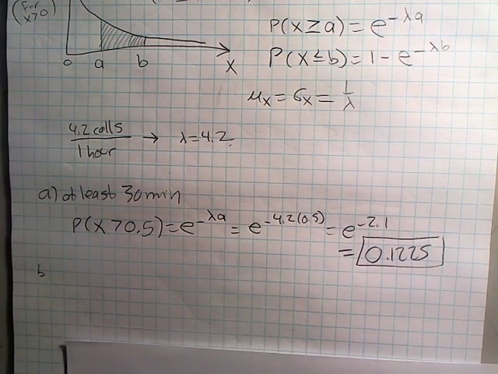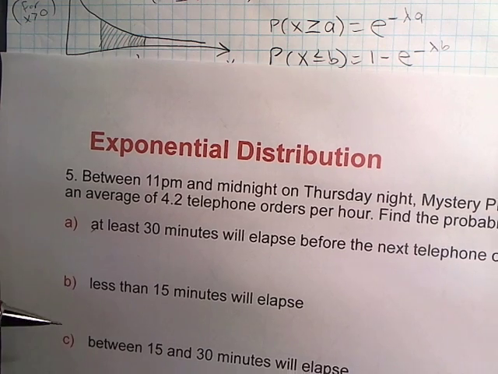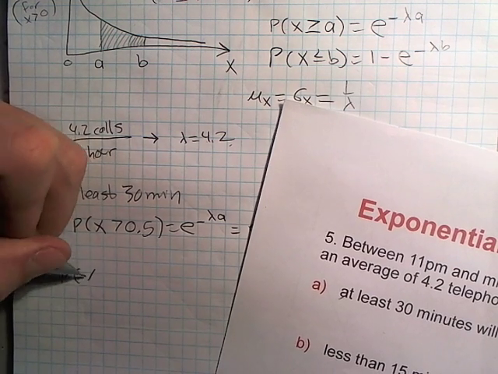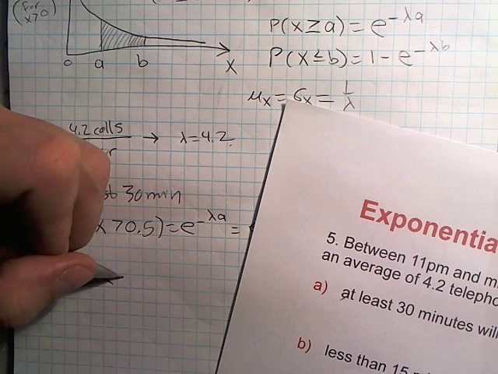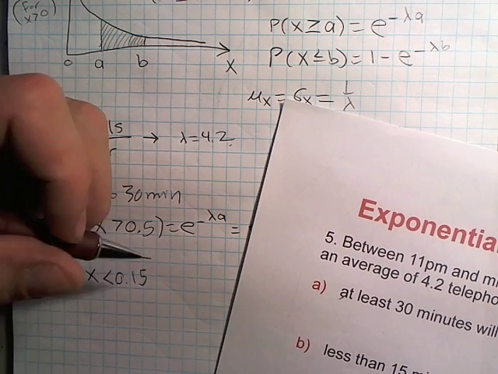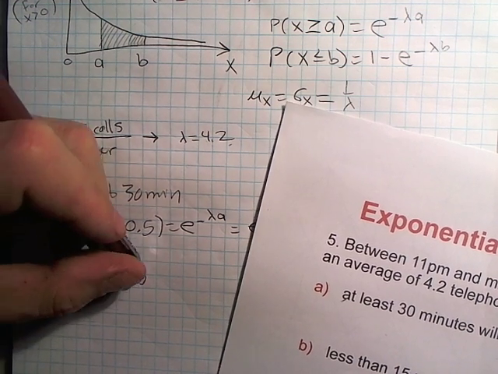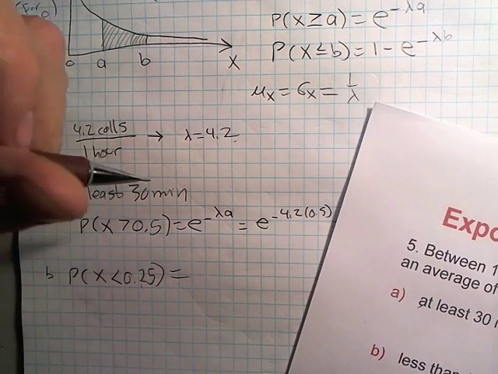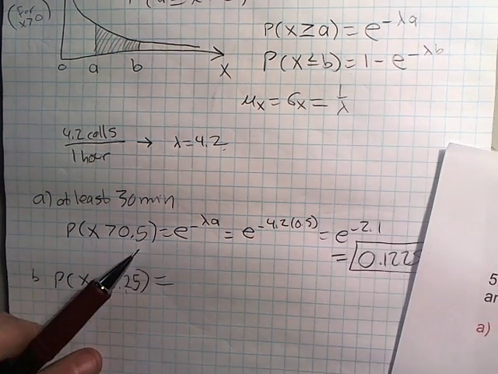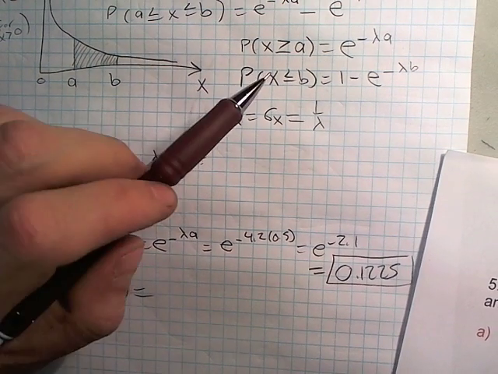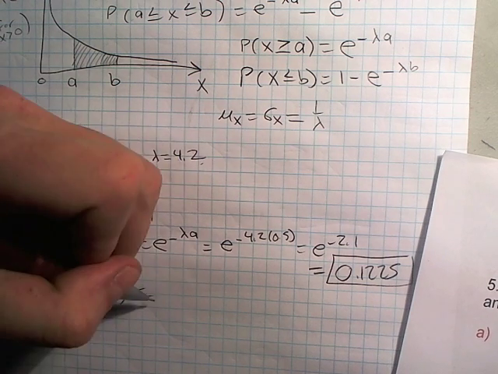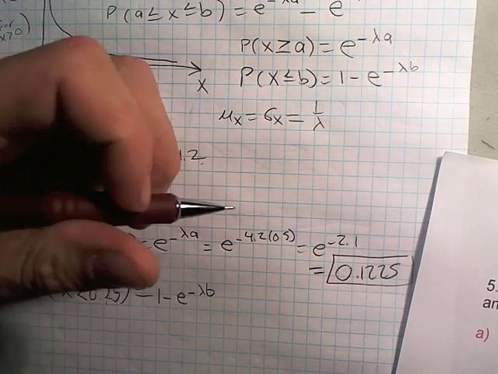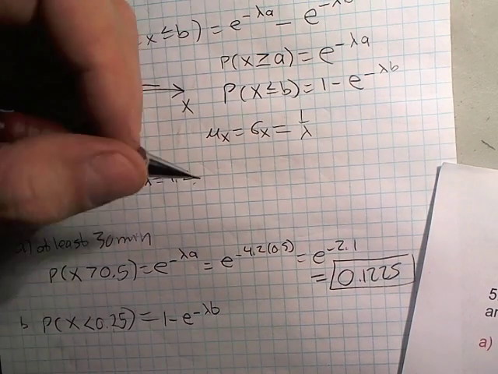Part B, the keyword is less than 15 minutes. So this one's going to take the form probability that X is less than, and 15 minutes is 0.25 hours. In this case we have the less than, so we want to use the less than version of this: 1 minus e to the negative lambda multiplied by b.